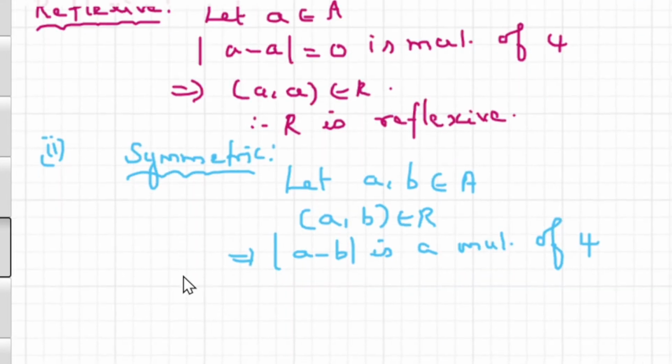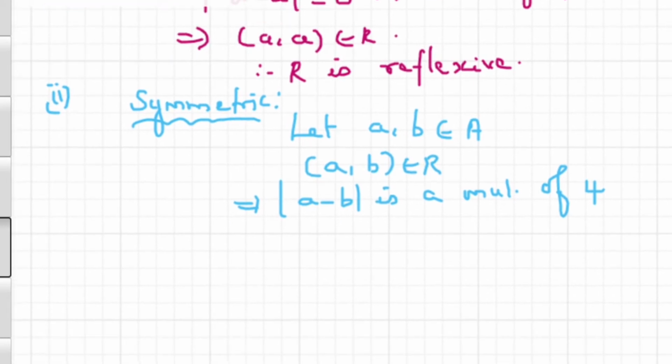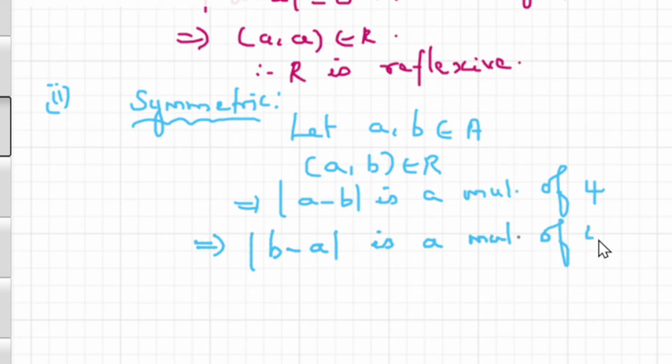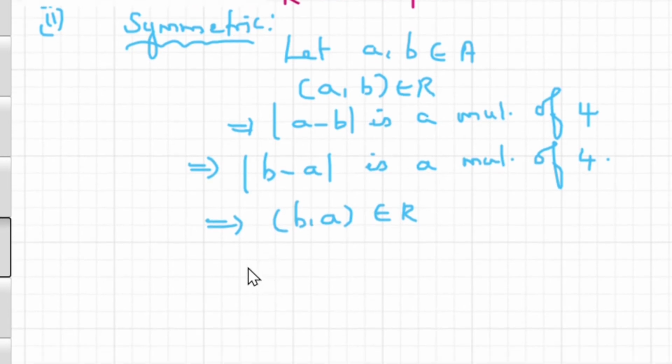And then modulus of B minus A is also a multiple of 4, and that implies (B, A) belongs to R. And therefore R is symmetric.